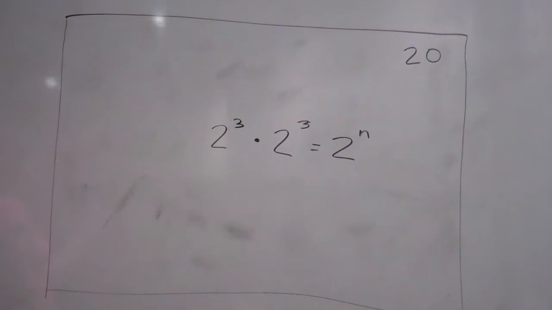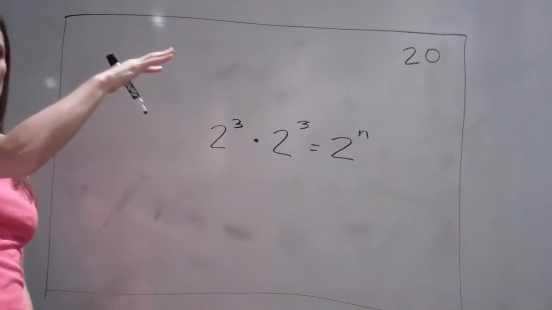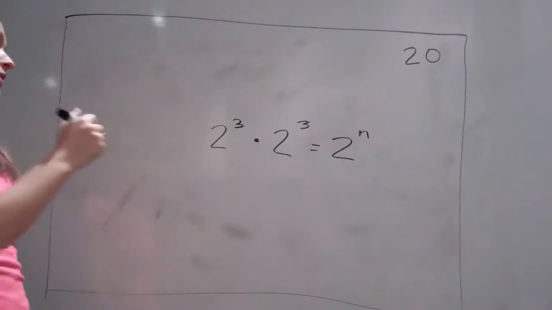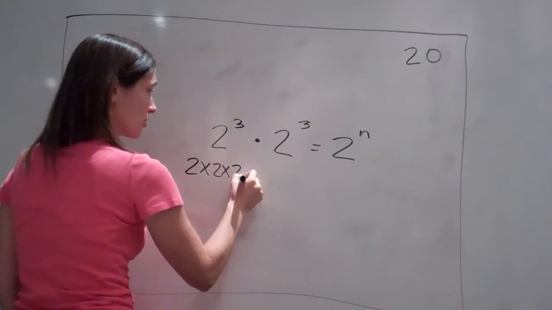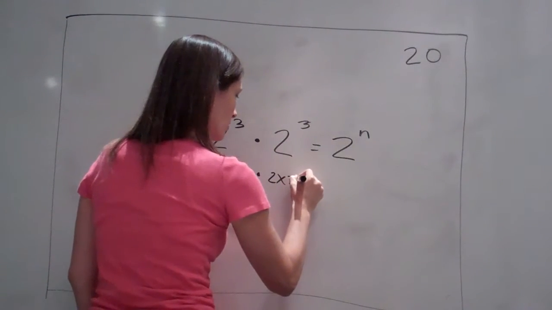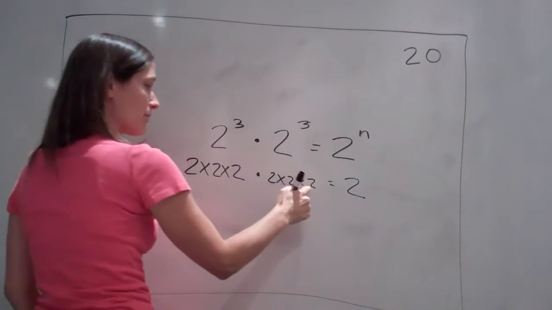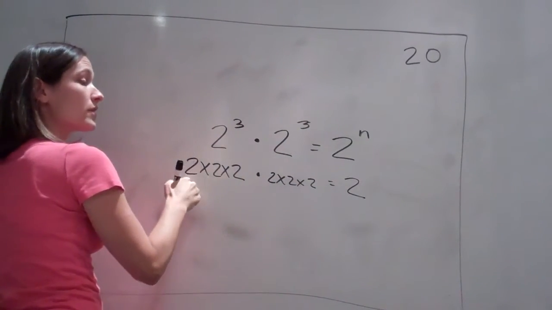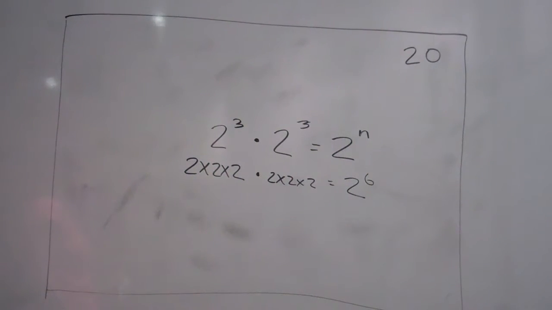It is a 6. Now, what I want you to see is that let's just make it the very basic, and then I'll tell you an easier way. So this would look like this: 2 times 2 times 2, times 2 times 2 times 2, which would mean how many 2's? 6. So if you need to write it out like that, you can.